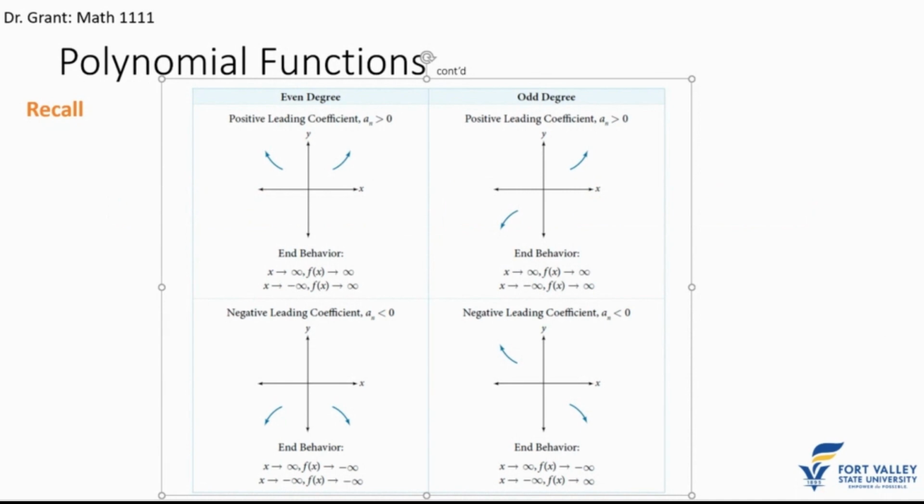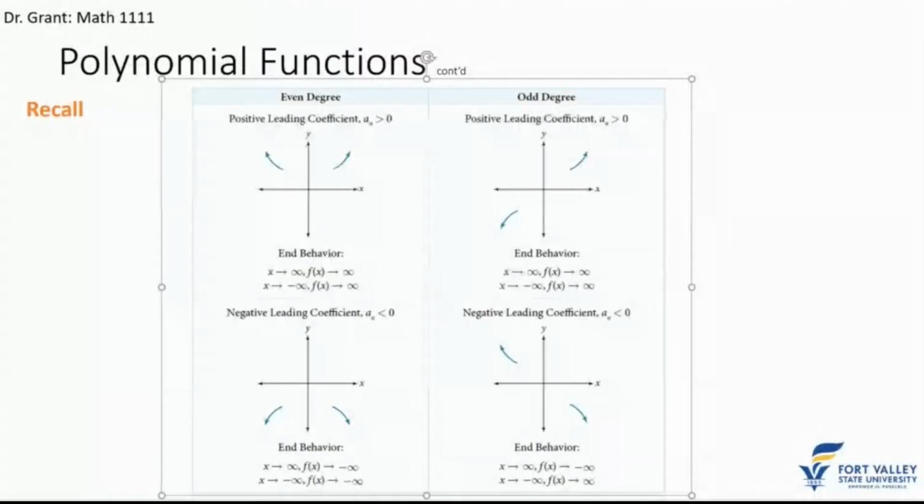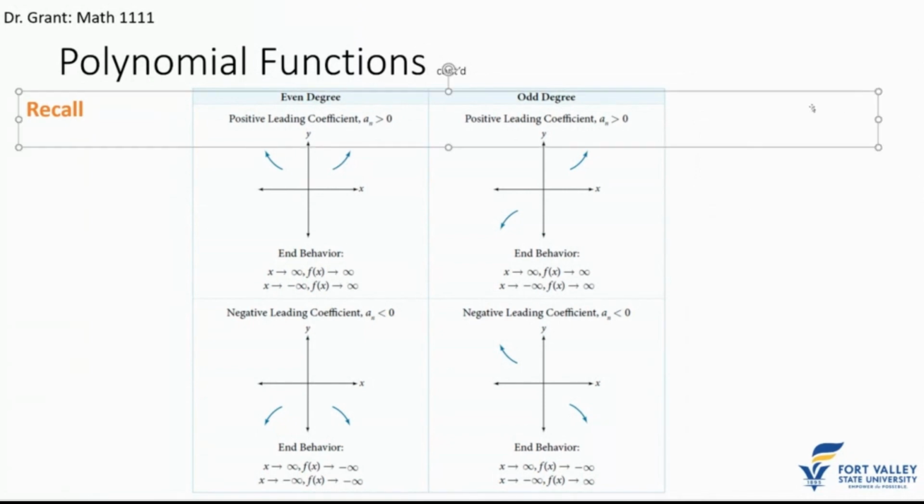All right, when we talk about the end behavior, there are two things that we consider. The first thing is the degree of the polynomial and whether the degree is even or odd.